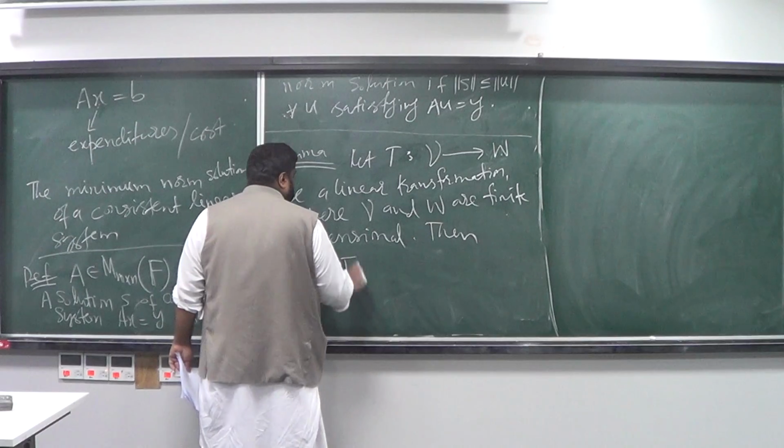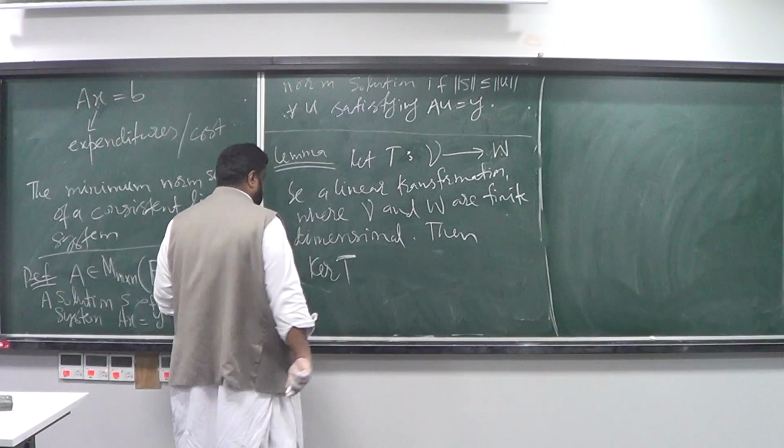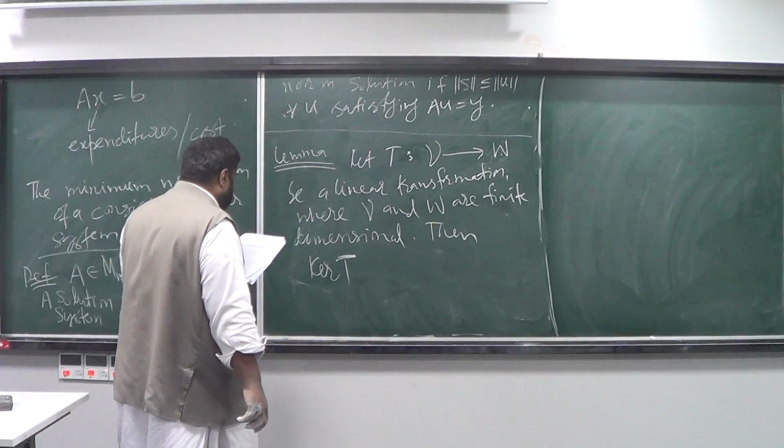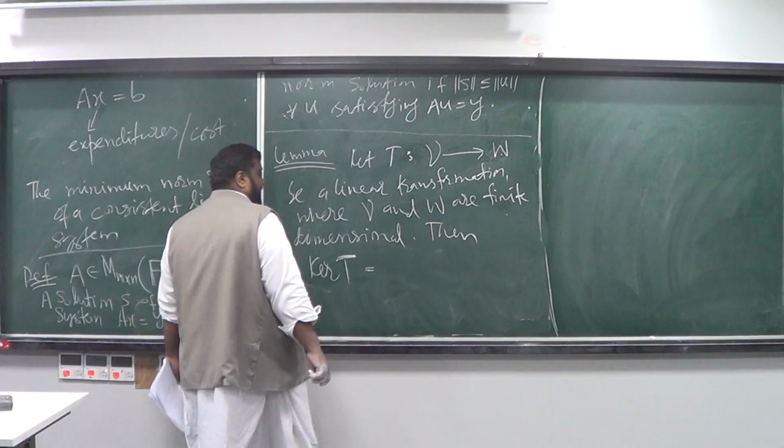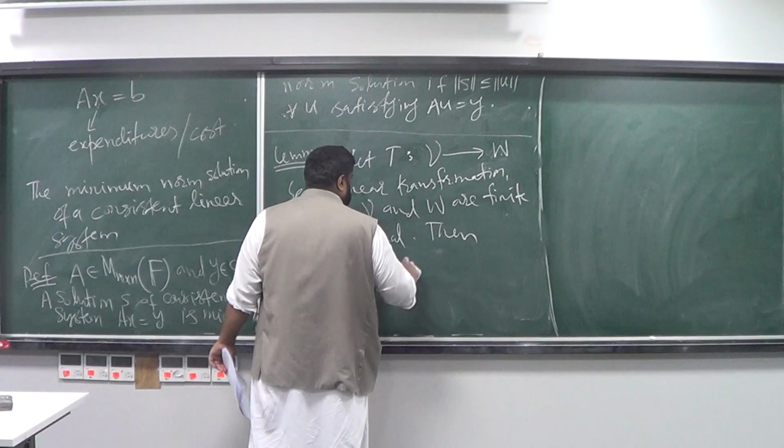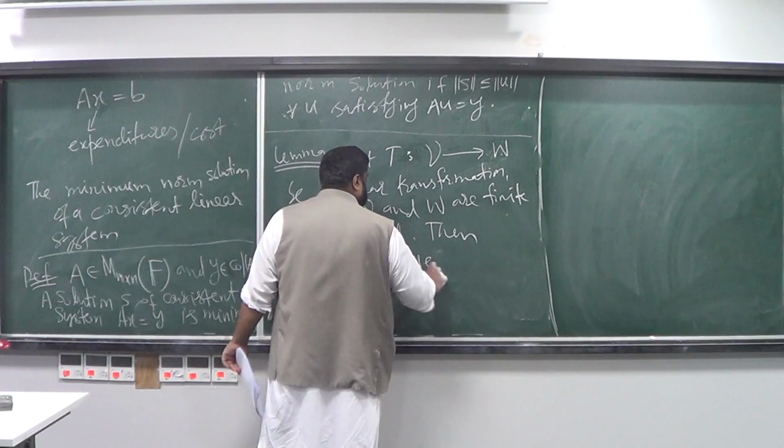The kernel of T is equal to the perp of the range of T star.